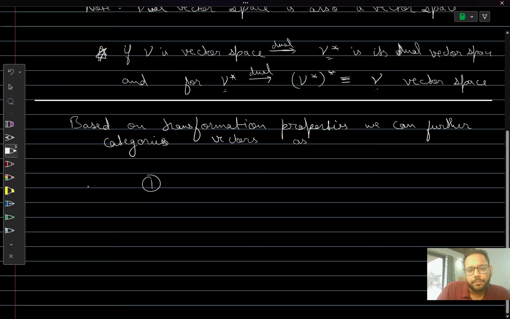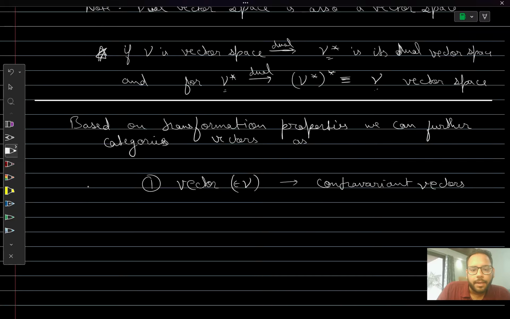Normal vectors, belonging to this vector space, we call them contravariant. We define them as contravariant vectors.